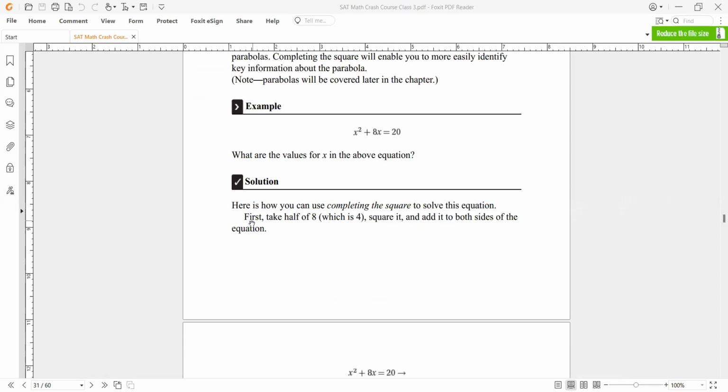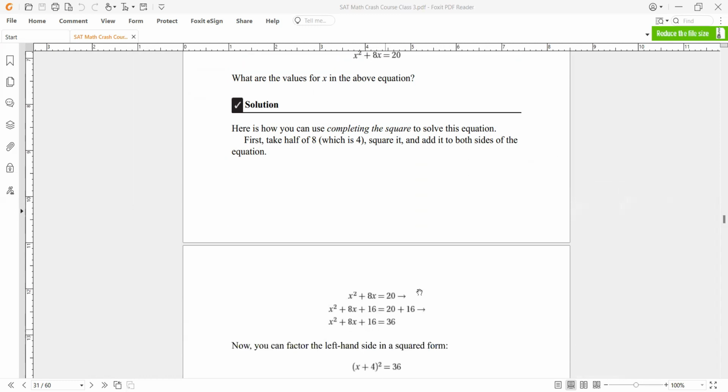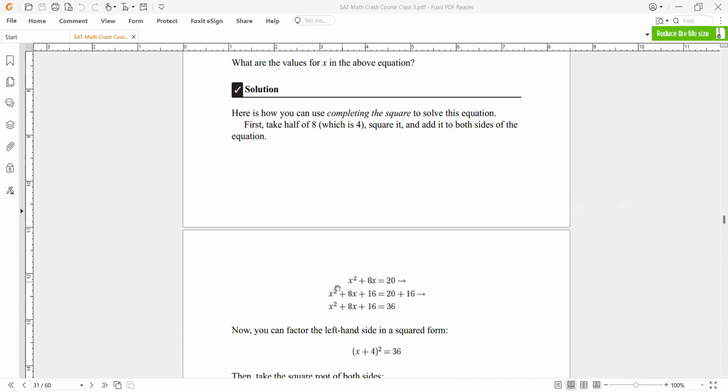To solve this equation, first take half of 8, which is 4, square it and add it to both sides of the equation. So that is what they're trying to do.